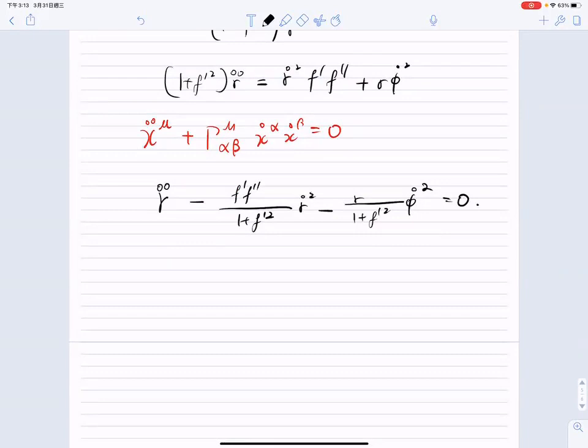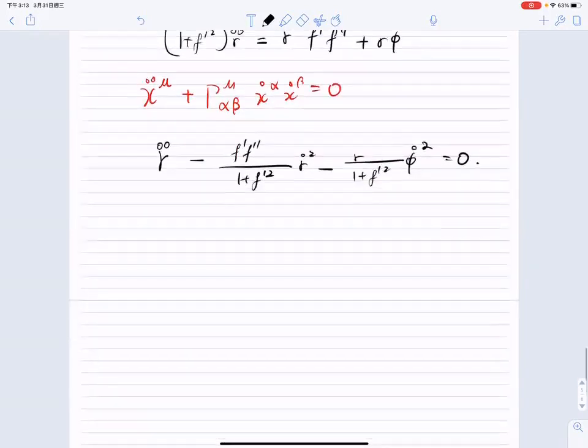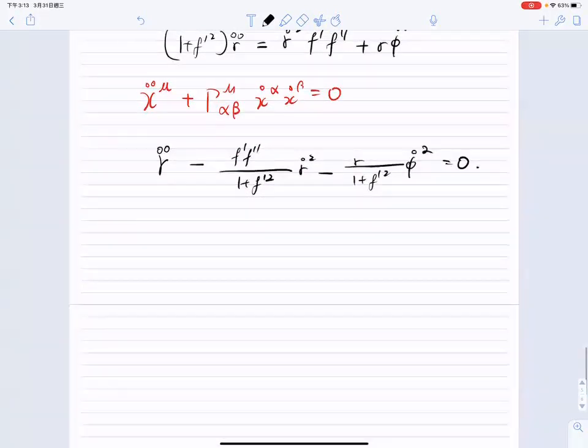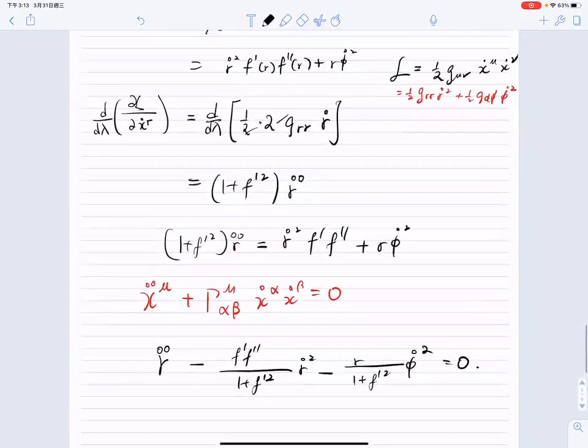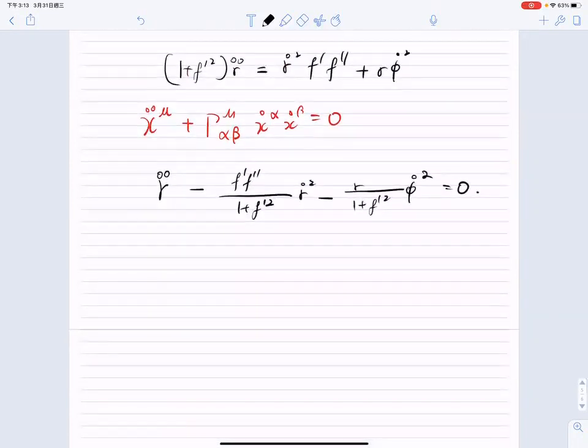This geodesic equation is exactly what I have done in part B, okay, right? Any disagreement? So now you can calculate the Christoffel symbol, which we compare to the red written geodesic equation.